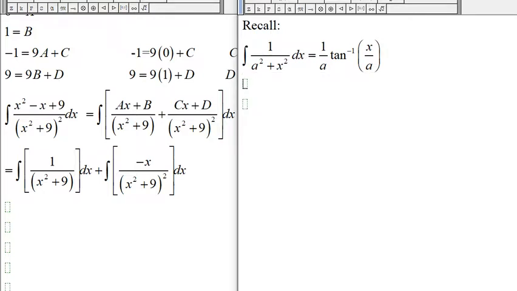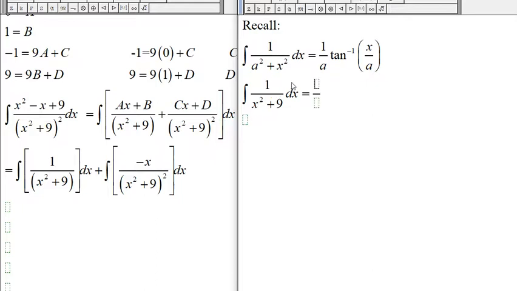And so the integral that we have here is 1 divided by x squared plus 9 dx. And so here a squared is 9, and x squared is just x squared.